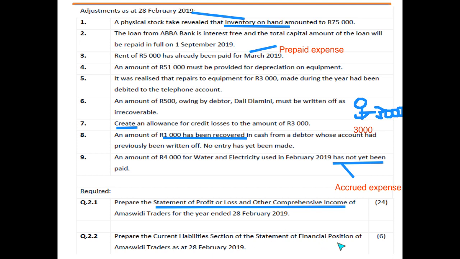But let's do the next one, which normally comes after this, because I don't want you to be confused. After the statement of comprehensive income, they usually ask you for the statement of changes in equity. Don't worry about this one for now. Do the statement of changes in equity.